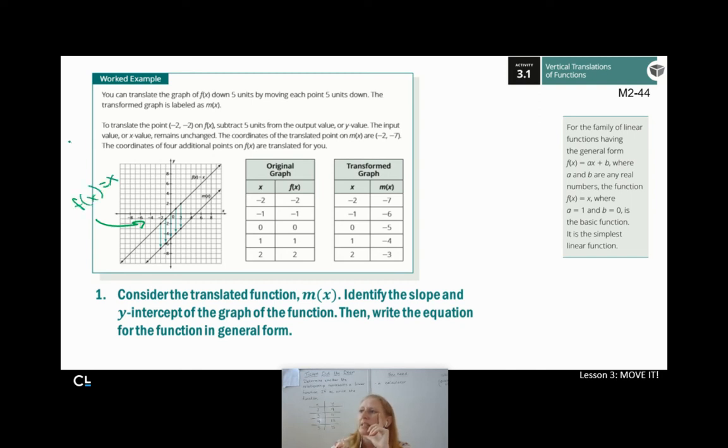So it has a slope of 1, the y-intercept is 0. But what happens with my new guy, with my m of x? Can you write down what my slope is now for m of x and what my y-intercept is? Go ahead and hit pause, write it down, hit play when you're ready to check it.